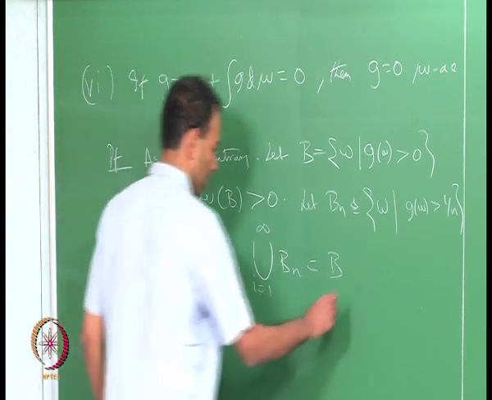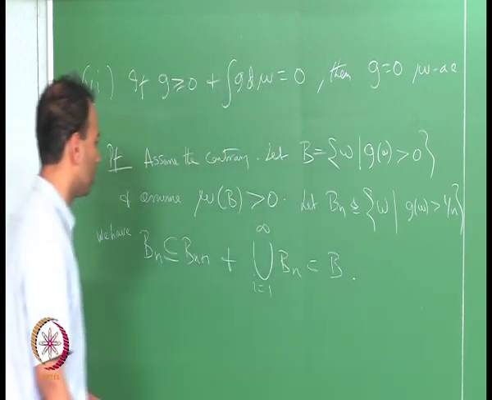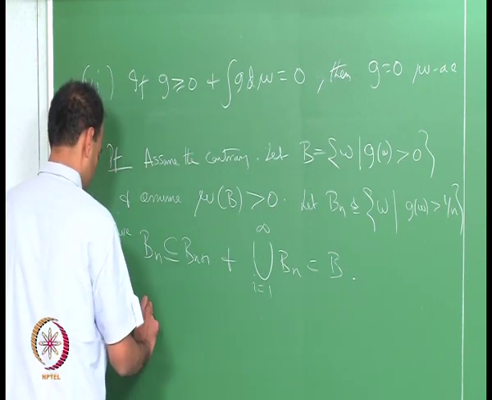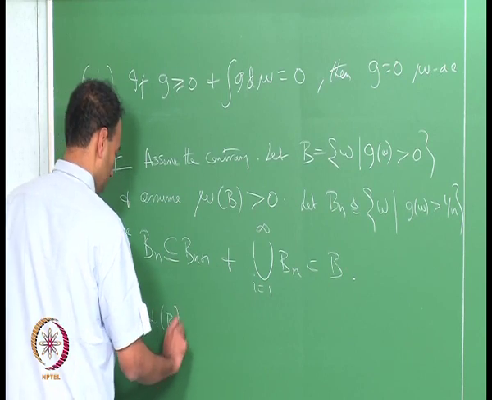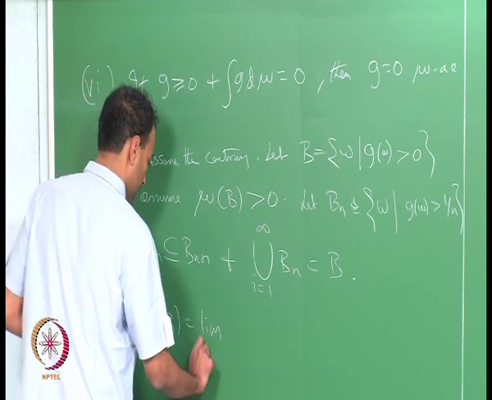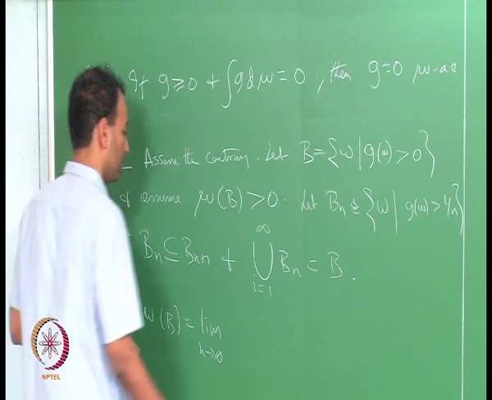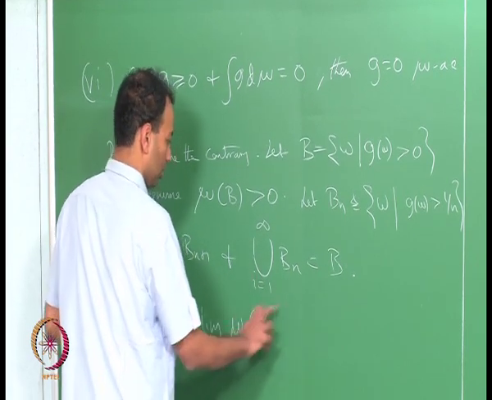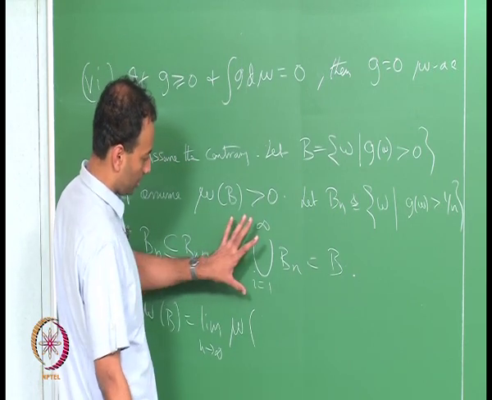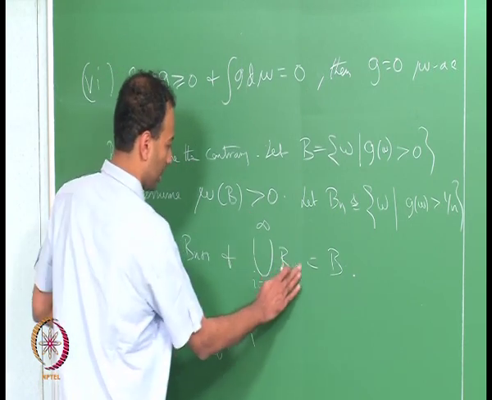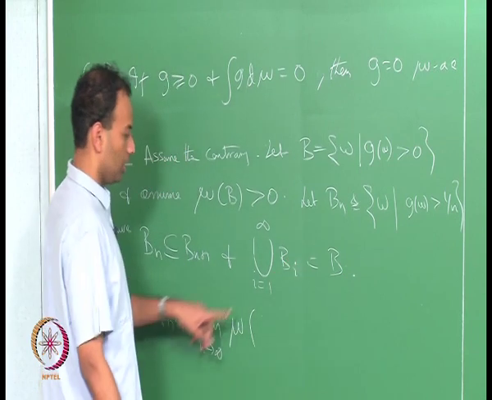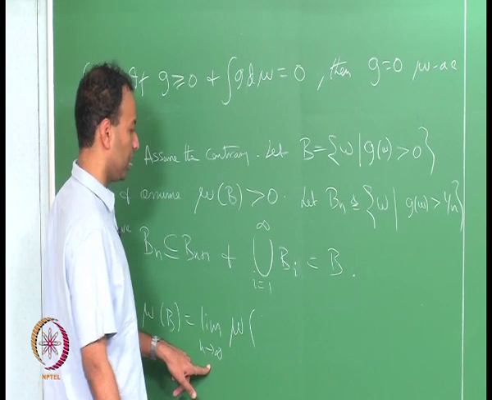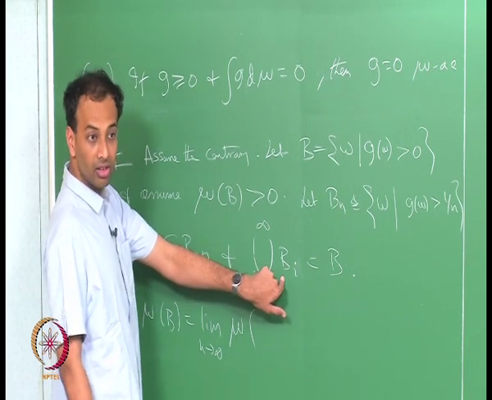Then what we said is we can use continuity of measures, right. So, we said mu B is equal to the limit as n tending to infinity of mu of B n.